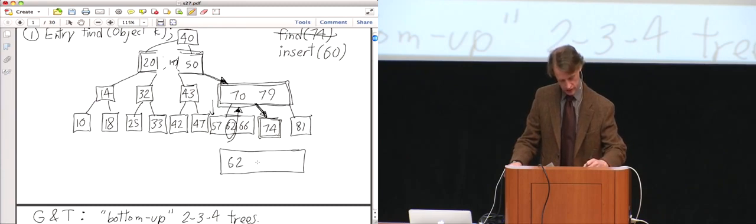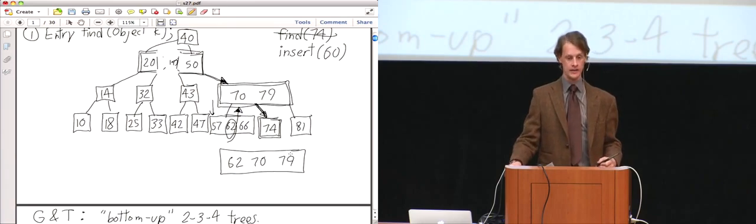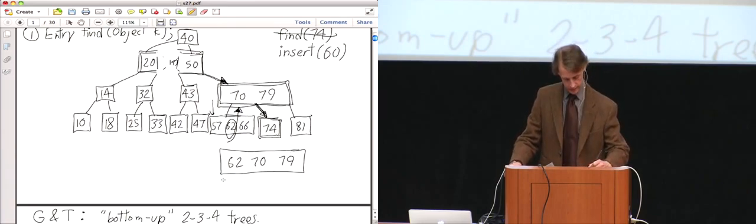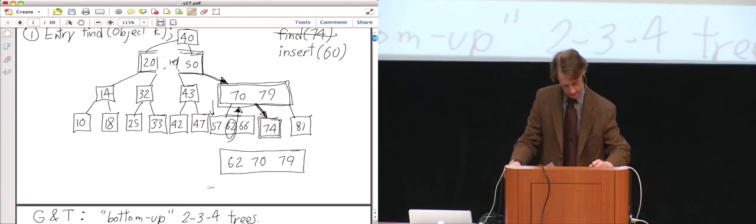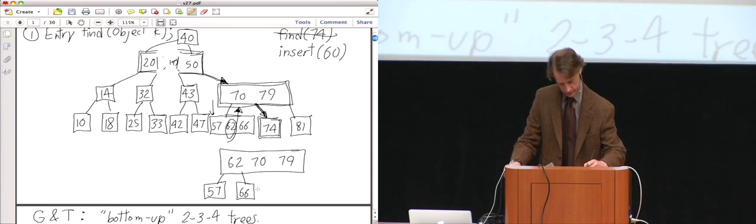We've got a 62, a 70, a 79, all in that node up there. The 57 is now alone in a node by itself.